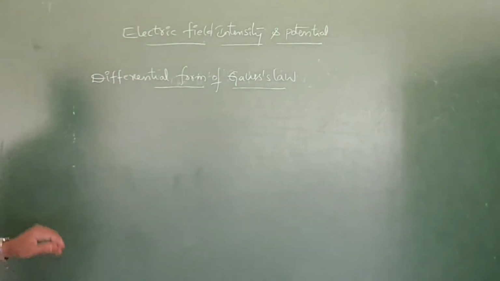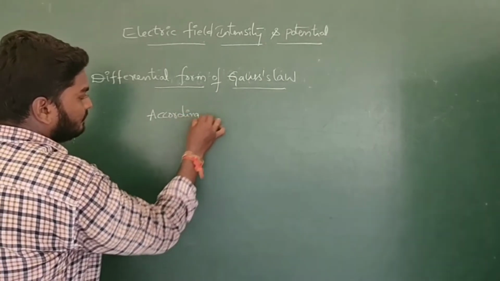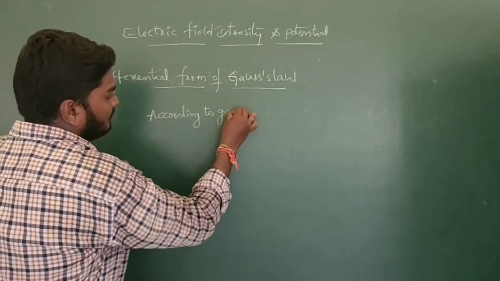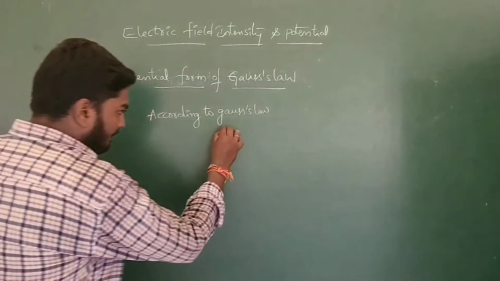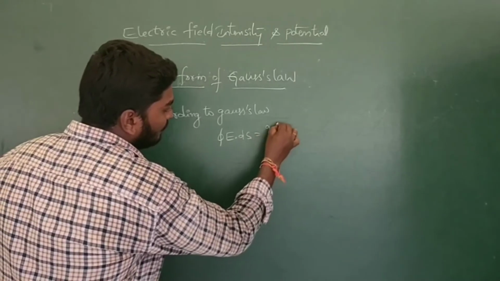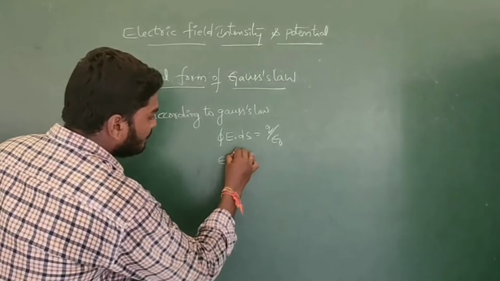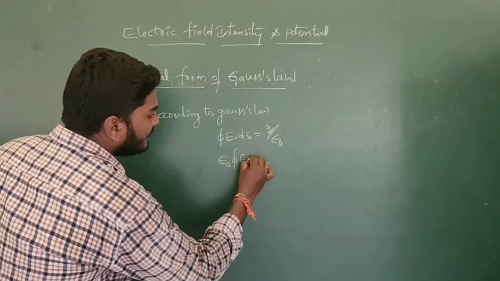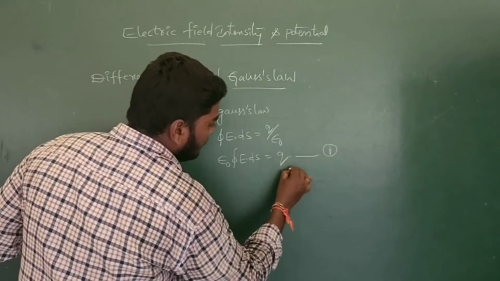According to Gauss law, the surface integral of E dot dS equals q by epsilon naught. So epsilon naught times the surface integral of E dot dS equals q. This is equation number 1.